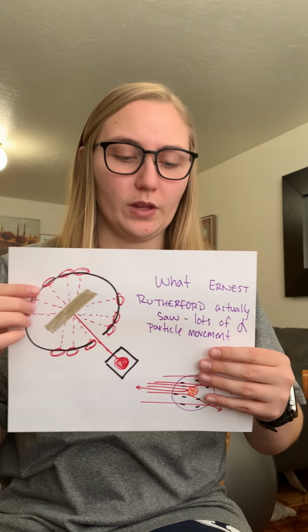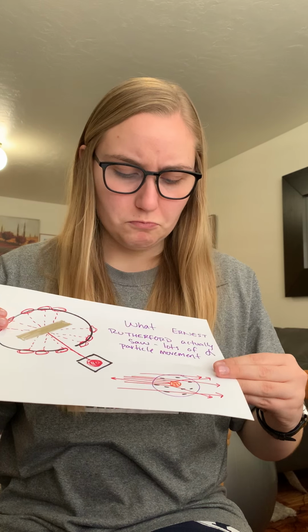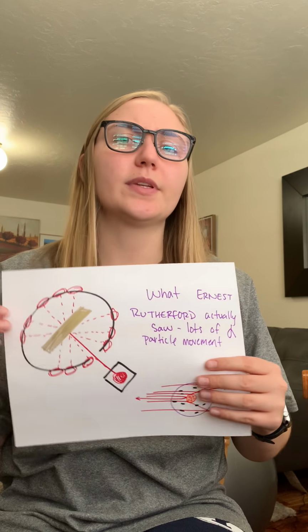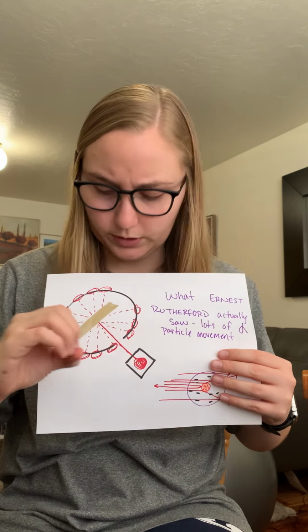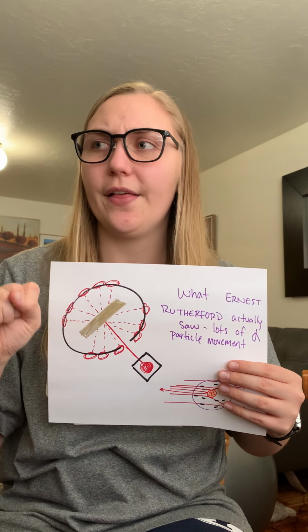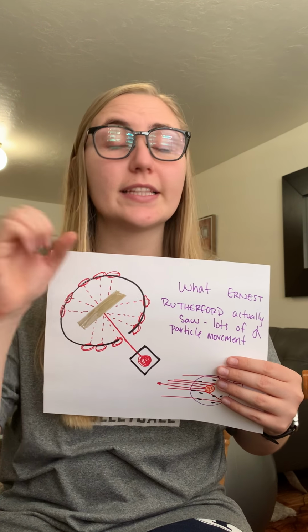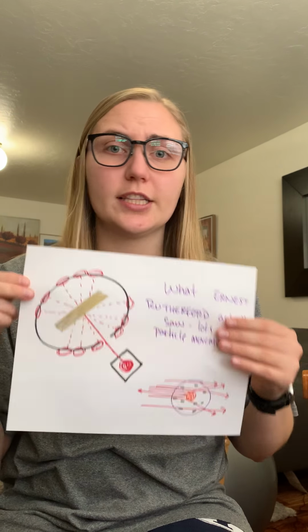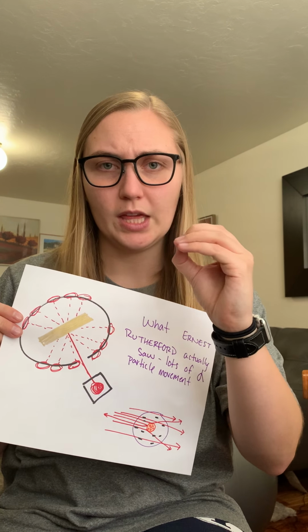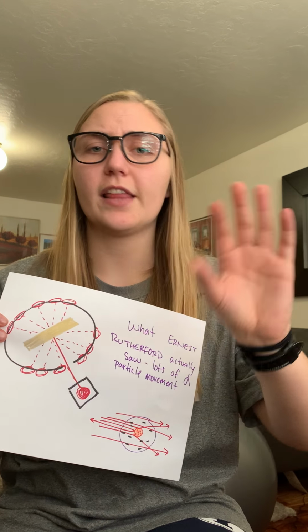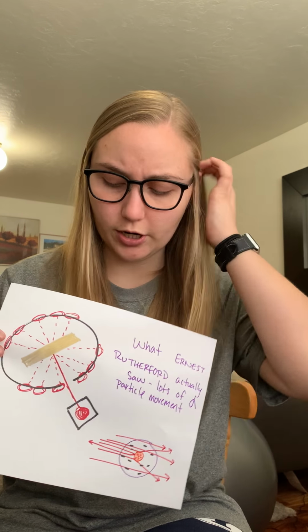From there, Rutherford said, okay, that means there's got to be a central spot right there, right in the center, that has lots of positive charge. He thought there's a small area that's super positive, and the electrons are around it, being kept there because of that strong positive charge.